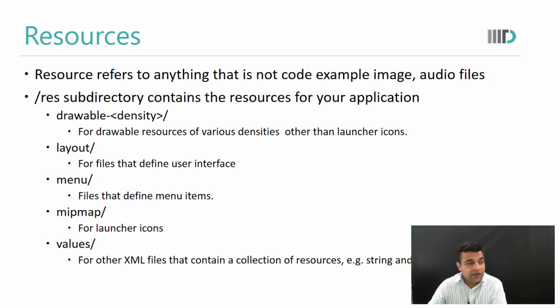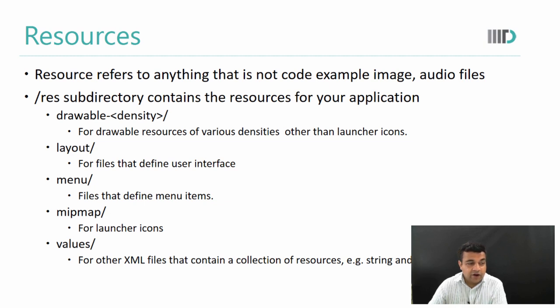Here you will see a res subdirectory which contains the resources for your application. Inside this subdirectory, you will see another directory called drawable. Drawable contains all the drawable resources of different densities, but not the launcher icons.